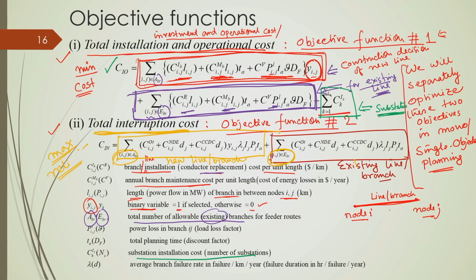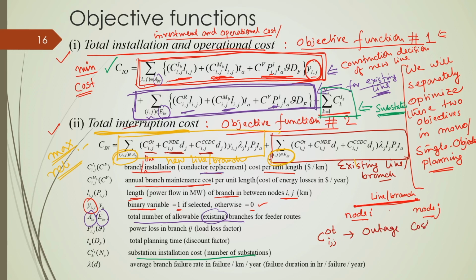Okay. Now, how do we optimize this reliability by minimizing the total interruption cost? How do we determine this interruption cost? It has three components. One is called outage cost, that is COT, another is called cost of non delivered energy, CND, another is called customer damage cost. So, this COT I j is basically outage cost.